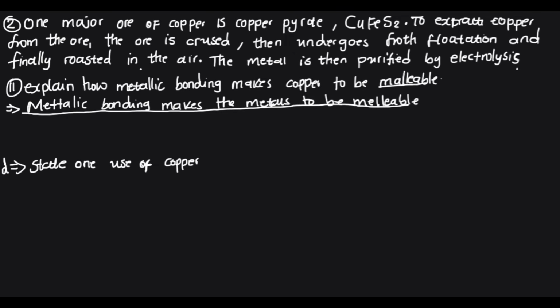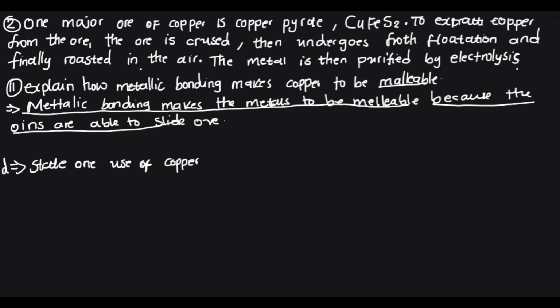It makes the metals malleable because the positive ions are able to slide over each other without breaking the bond. That is the key.